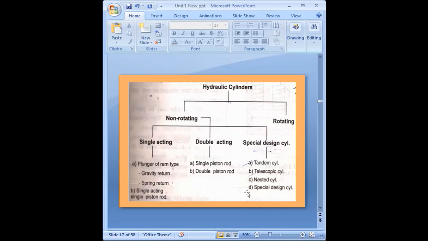After these types of cylinders, we are going to start with the single acting cylinder. First we are going to see the single acting plunger or ram type cylinder, and after that the single acting single piston rod hydraulic cylinder, then the double acting cylinder, and then the special design hydraulic cylinders.